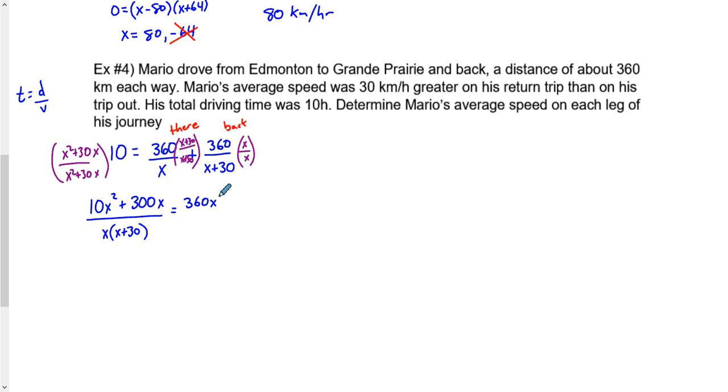Let's see, what's that one? 10,800. Plus another 360x over x and x add 30.